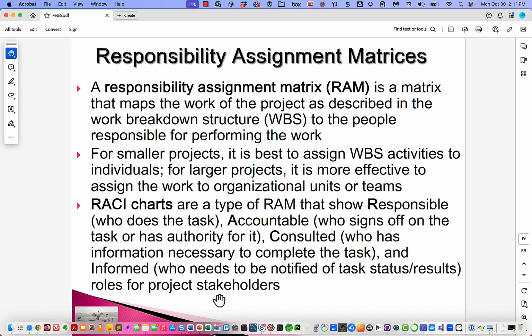And if we go back and look, responsible is who does the task, accountable is who signs off on the task or has the authority for it. So again, it gives you the opportunity to distinguish fine shades of interest.